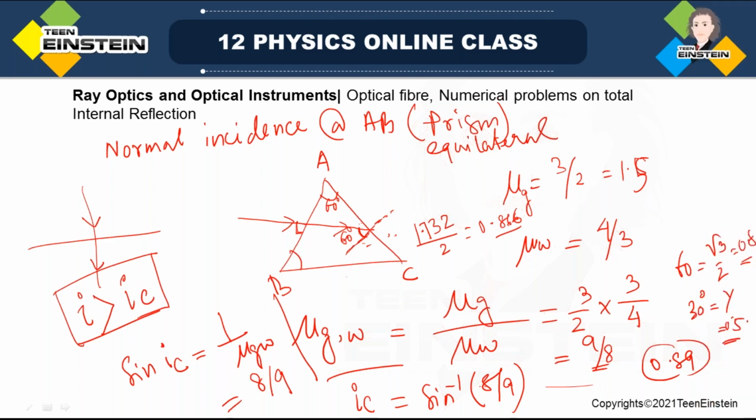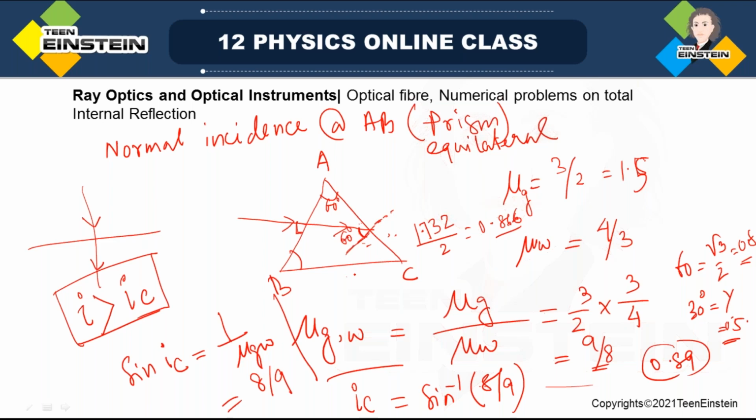The question was, we have to find out whether there will be total internal reflection upon hitting the surface AC or not. So in these cases, we have to find out what is the critical angle for the system given.